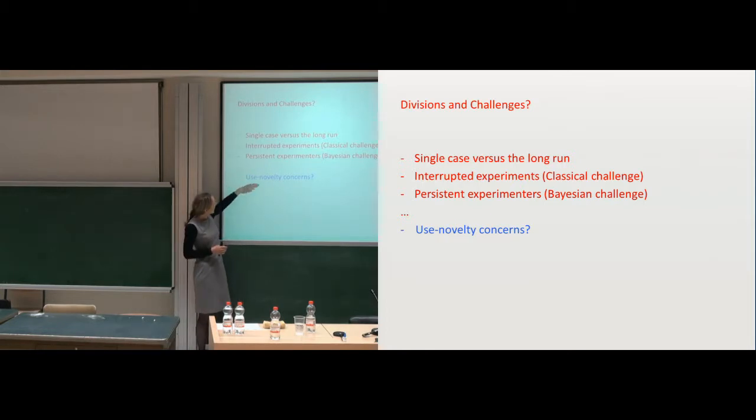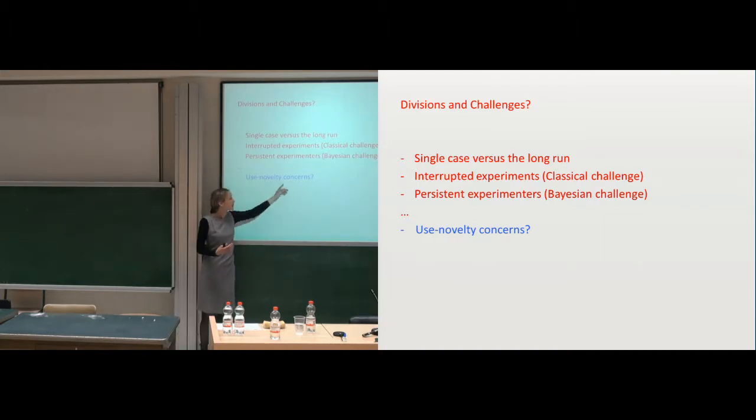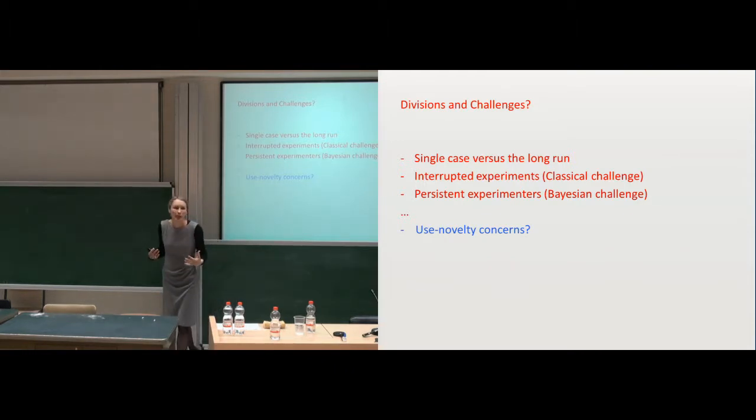But now I want to consider a new challenge, which I think also, in a way, makes the classical approach look better, and see whether this is further reason to reconsider the difference between classical and Bayesian and their relative merits, right? This use-novelty business.